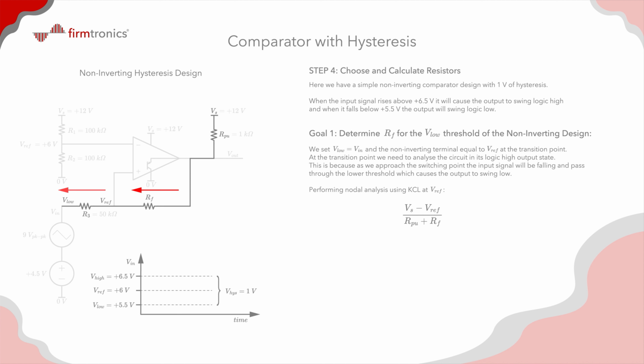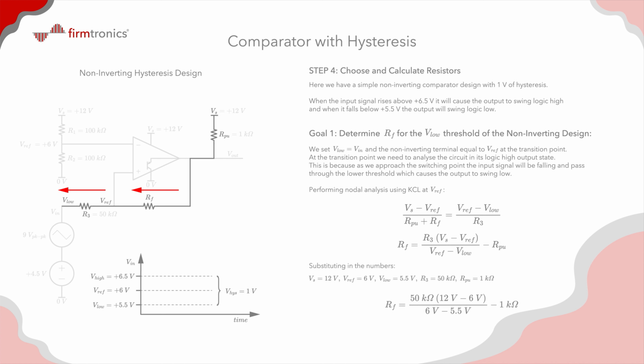So looking at the arrow on the left hand side, we can say that V sub ref minus V sub low divided by the resistance, which is R sub 3, gives us an expression for the right side of the equation. Now we can rearrange the equation to make R sub F the subject. If we substitute in the numbers and calculate, this will give us a result of 599 kiloohms.